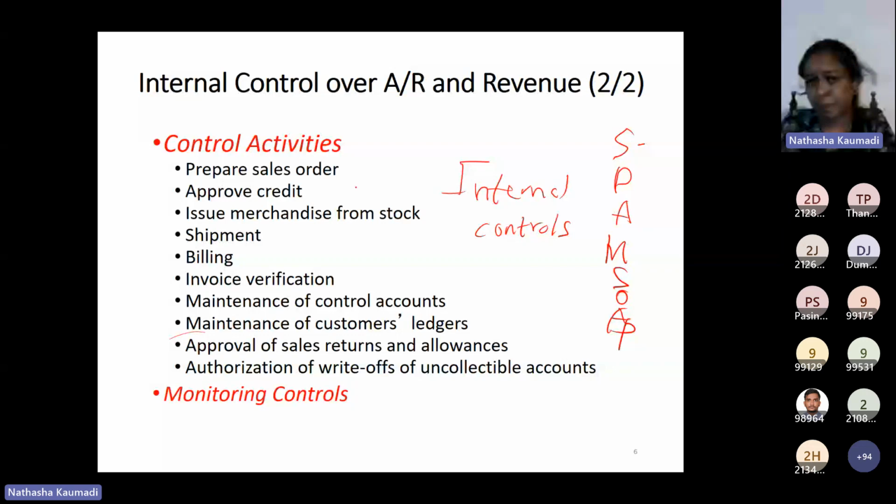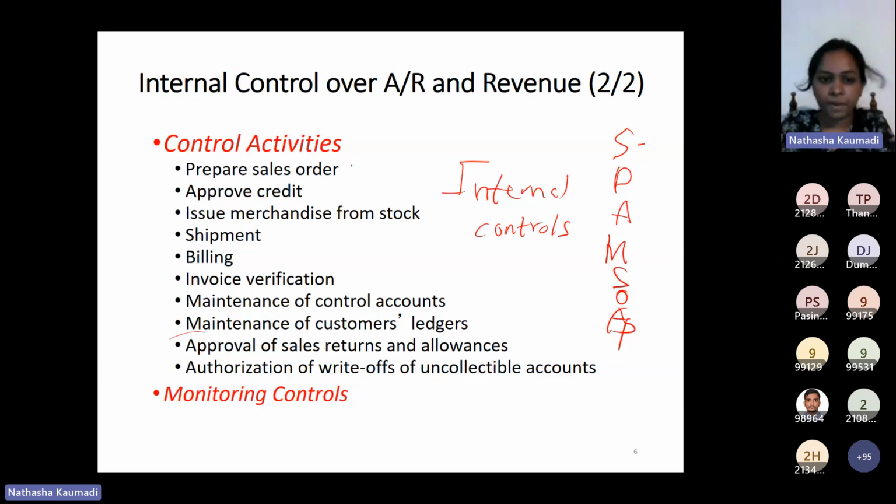And then approval of credit. When you have credit sales, when you have debtors, before giving the goods on credit, you need to approve the credit limit for all these customers, and not just establishing the credit limit, that should be approved as well. So approving credits, issue merchandise from stock, shipment, billing.